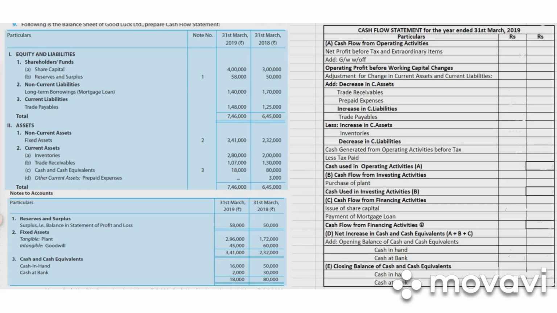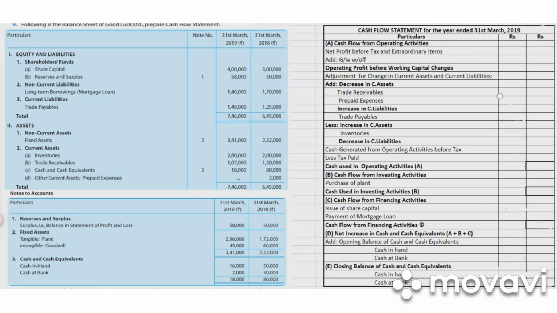So here we have a question. You can see the question on the left hand side and the solution on the right hand side. Solution in the sense that we are going to solve this question. Here I have already drawn the format of the cash flow statement, which is a very simple format. I have taken only the relevant items.